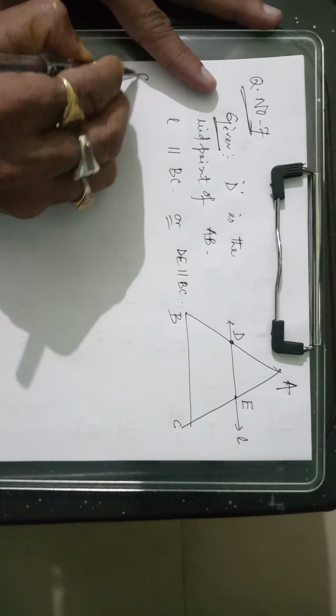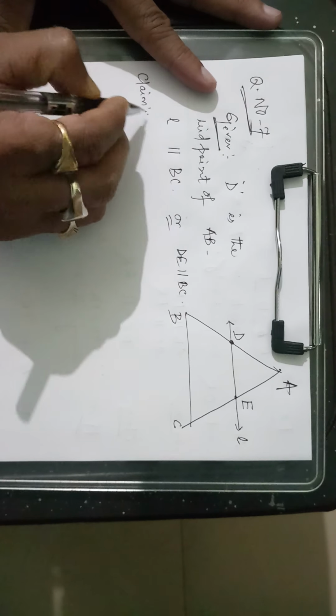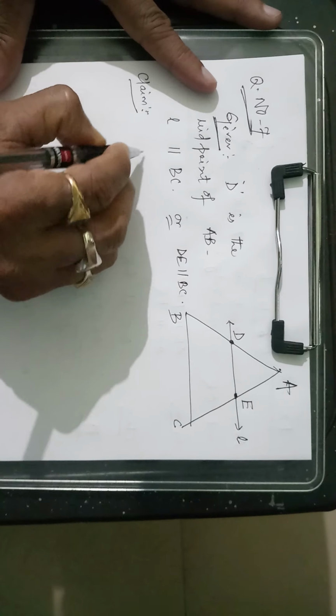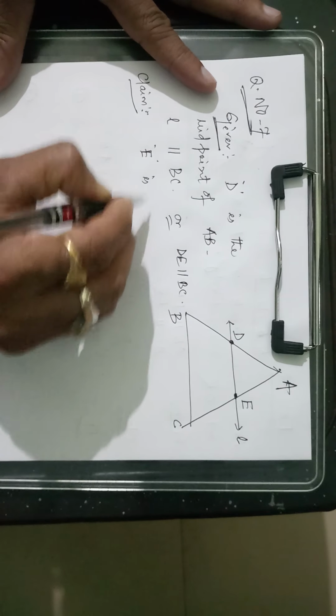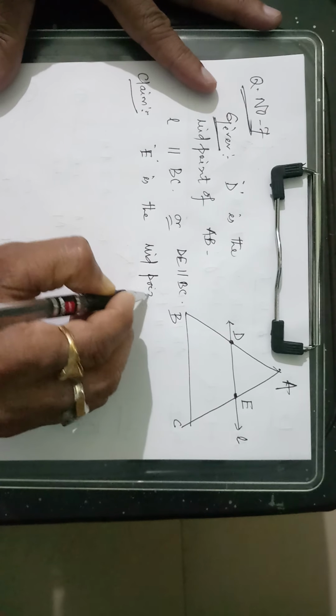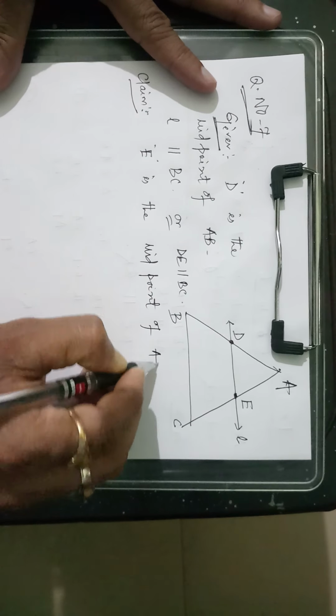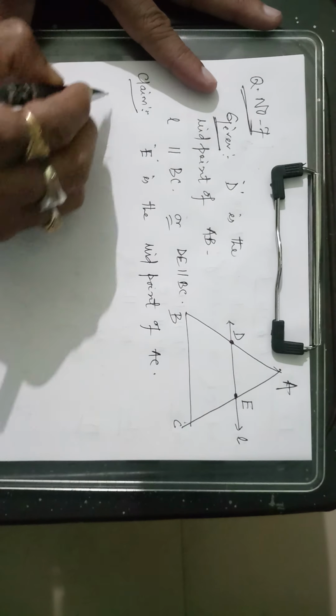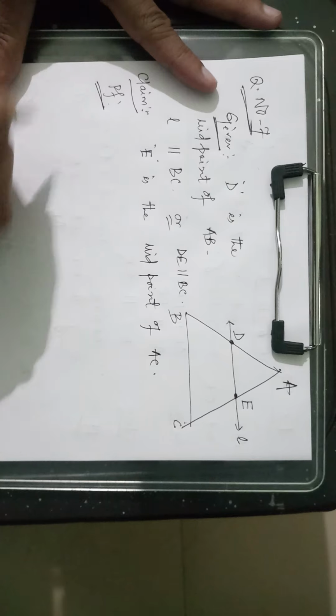Clear, students? Now what you have to prove is that this line also bisects AC. That means E is the midpoint of AC. If E is the midpoint of AC, then definitely L bisects AC. So now start your proof.